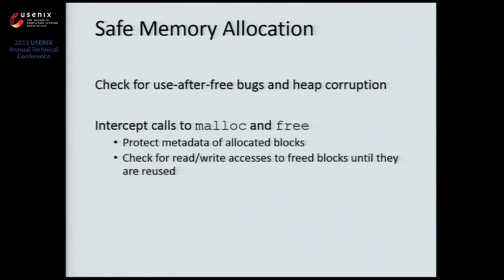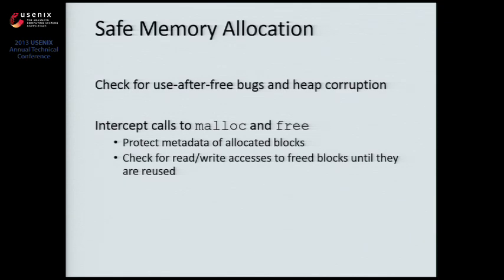Whenever the blocks are freed, we write protect and read protect the whole area, and if we detect an access by the application, we see that a use after free bug occurred, and we can report that as well.